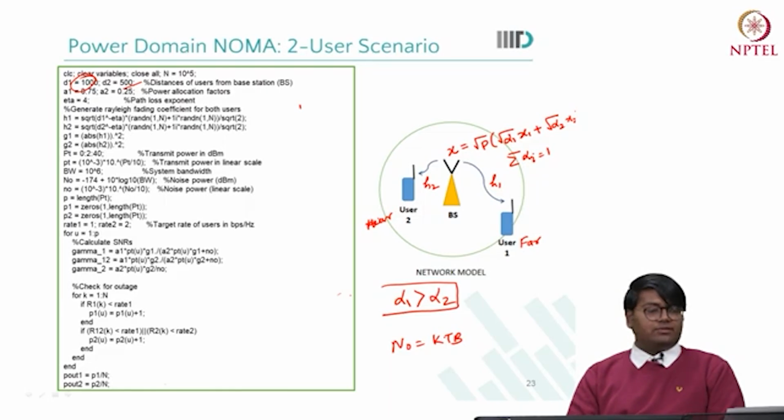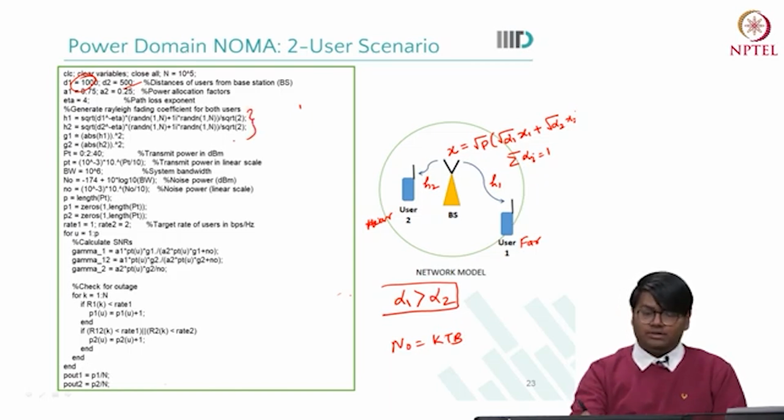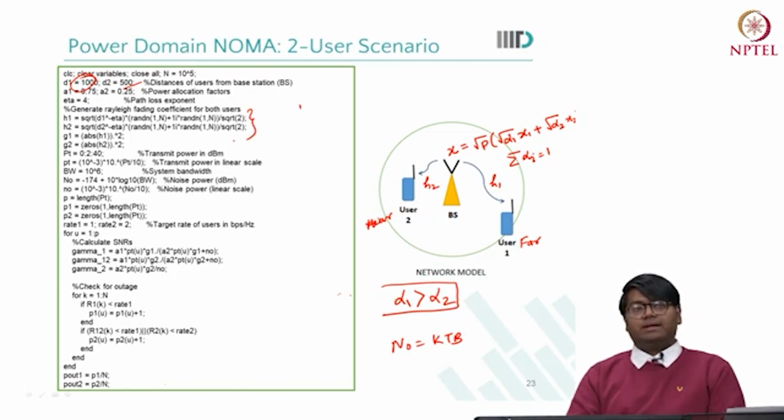So next we have to generate the relay fading coefficients H1 and H2 to simulate the channel between the 2 users. And this can be done using the following MATLAB code. So these are the MATLAB codes which are used to generate the relay fading coefficients for both the users.